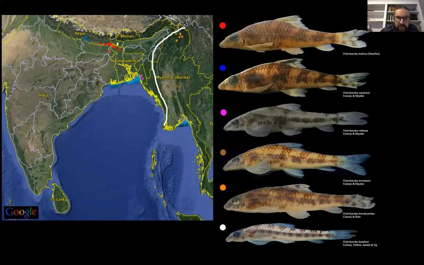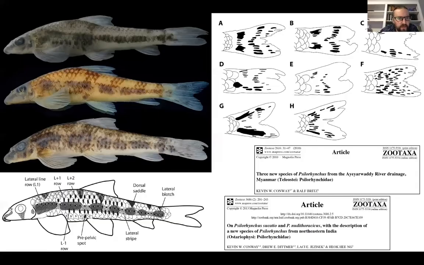Now these fishes are pretty similar, and I did count scales and count fin rays as everyone does, but that wasn't very helpful in this case because there was almost no variation in fin ray or scale counts. And so what I discovered instead was that there was more useful variation in the color pattern of these fishes that could be used to diagnose species than there was in typical meristic counts.